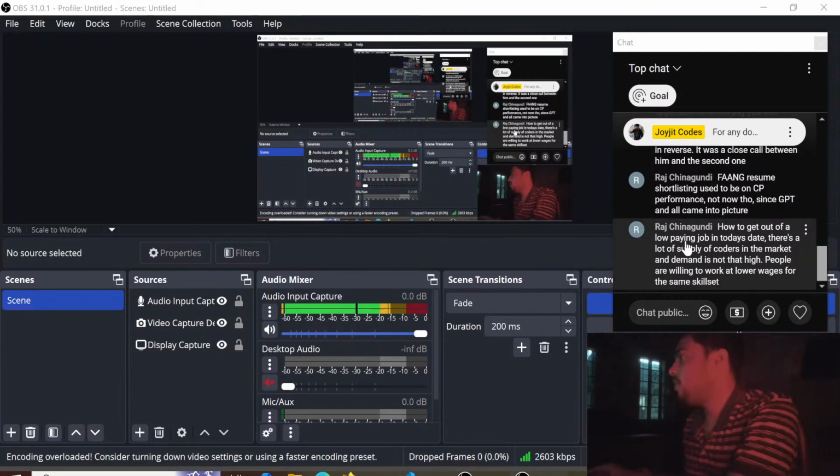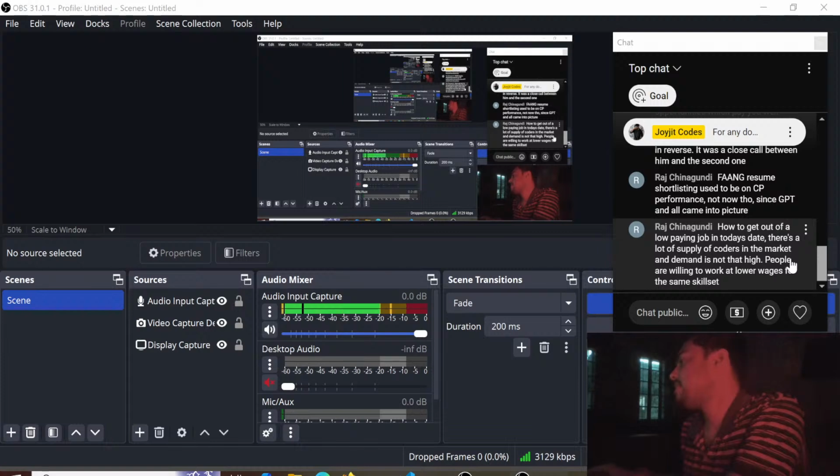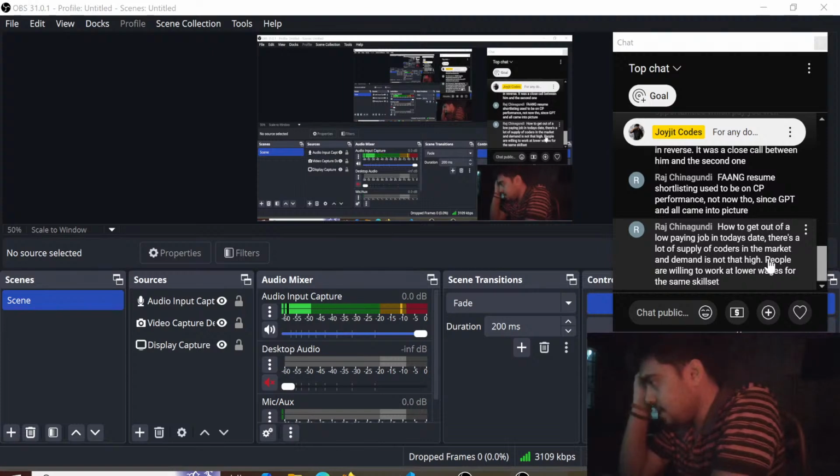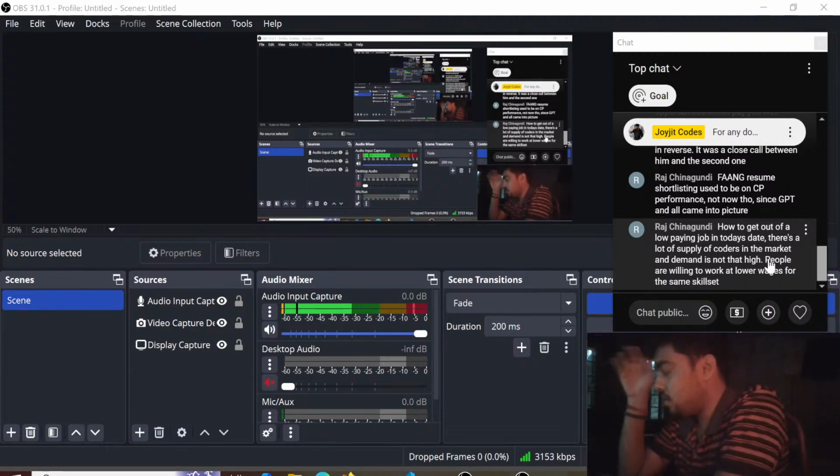How to get out of a low paying job in today's date? There is a lot of supply of coders in the market and demand is not that high. People are willing to work at lower wages for the same skill set. This is true to some extent, not to all extent, because it depends upon your mentality. What do you consider to be a low paying job?